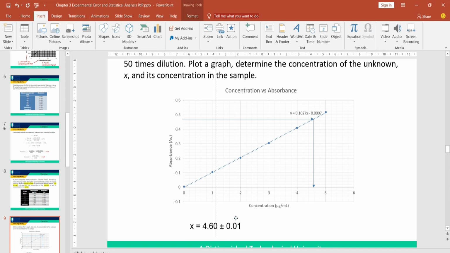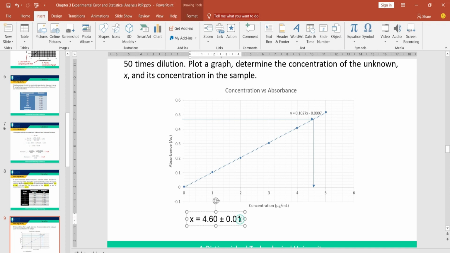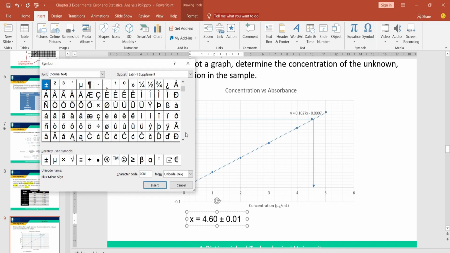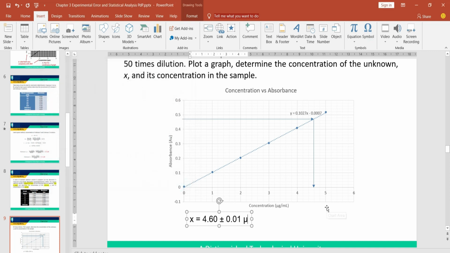Okay, so any value given in this range are correct. Okay, so don't forget your unit, which is microgram per mil. If you left the unit, then you will not get marked.